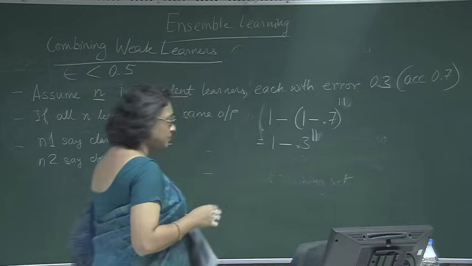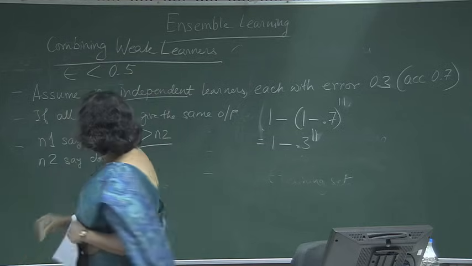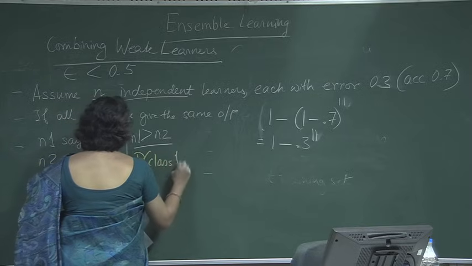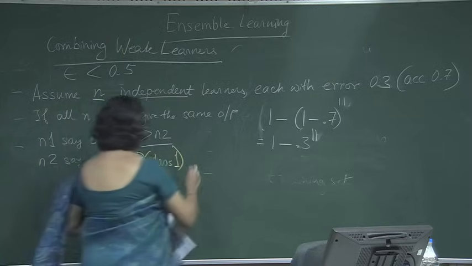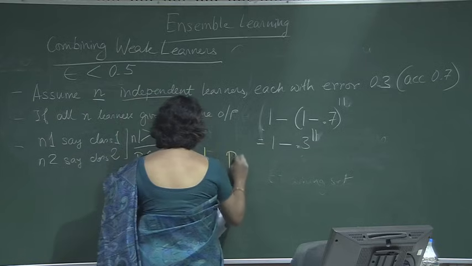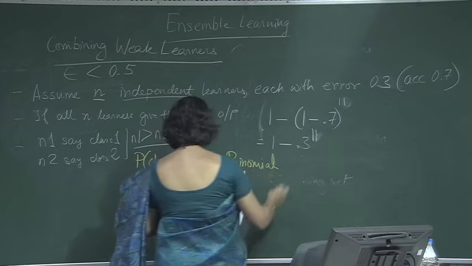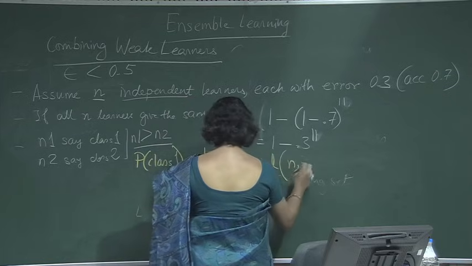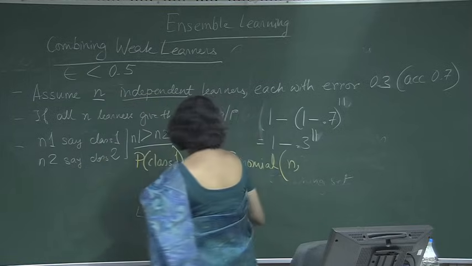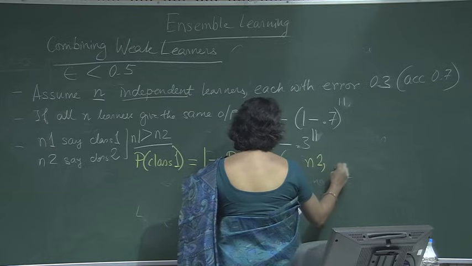Then the probability of the output really being class 1 is given by this expression: 1 minus the binomial distribution of n, the minimum of n1 and n2, which in this case is n2, and the accuracy, which is 0.7.